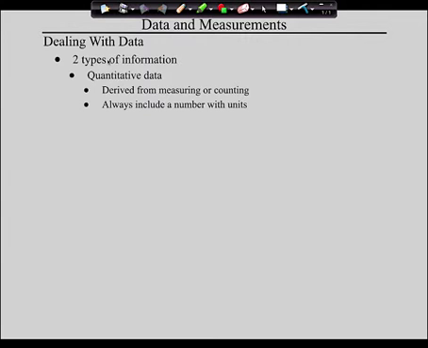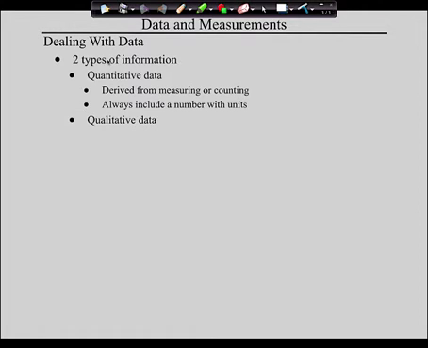So when you've got properly recorded and communicated quantitative data, you always measure or count something, and you will always have a number, and that number will always have units. If it doesn't have any of that, it's not right. If you've taken physics, you've done this before, because this is what you do in physics. You make a lot of measurements, then you put units on your numbers.